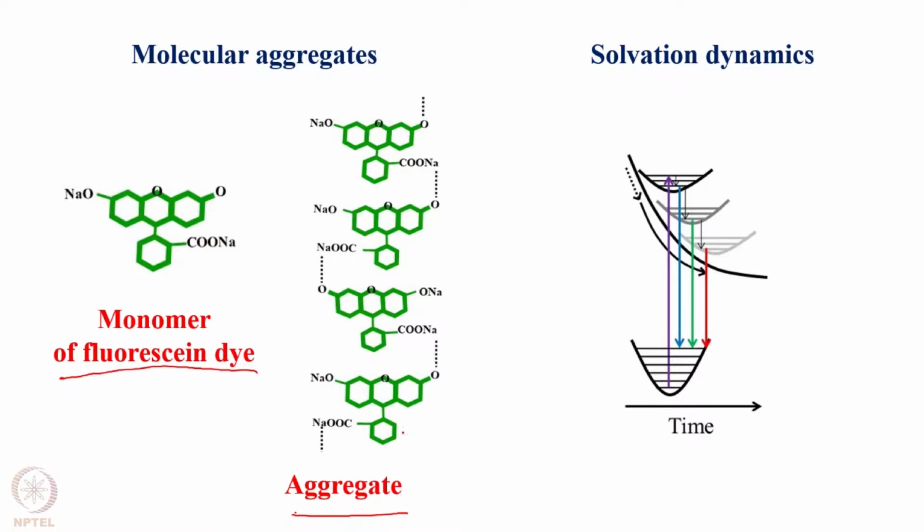These are the aggregates which are formed because of non-covalent interactions between different monomer units. The other process that we are studying currently is called solvation dynamics. Suppose the system gets excited to some level and then there is solvent rearrangement around that, and the emission spectrum then shifts to higher wavelengths.